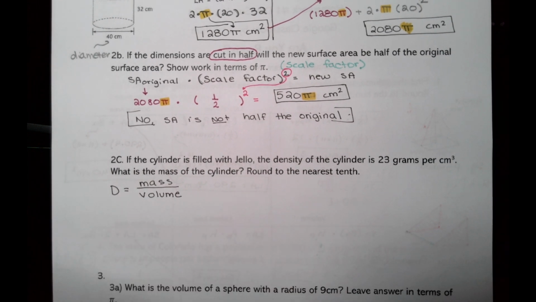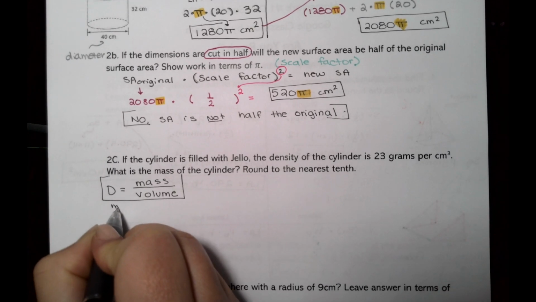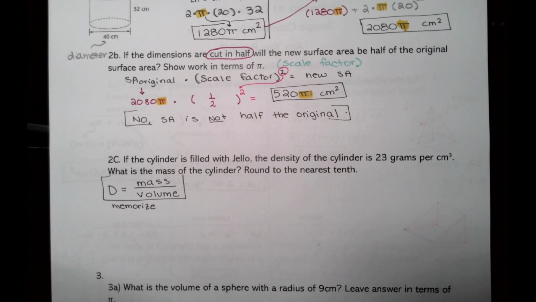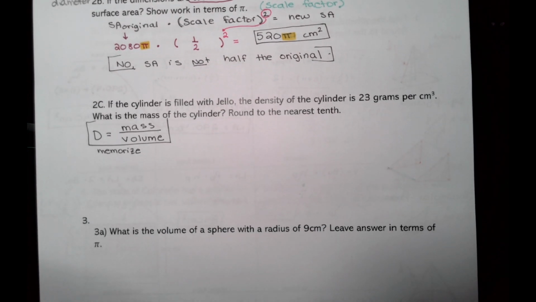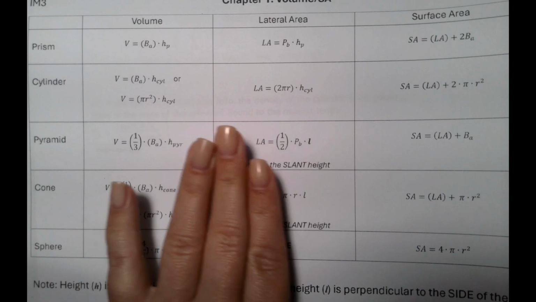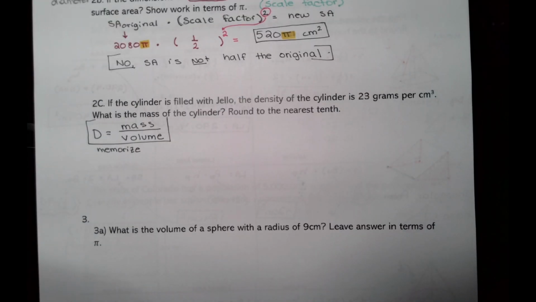This is a formula you need to have memorized. So this formula was not provided to you on our formula sheet. The only things provided to you are volume, lateral area, and surface area, plus the Pythagorean theorem. This is something you need to have memorized.